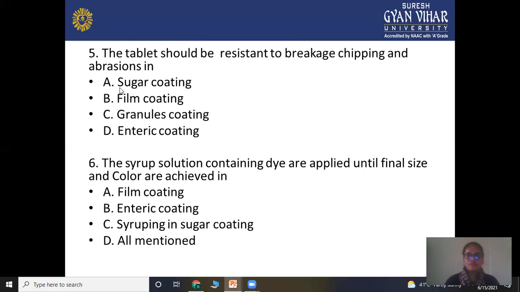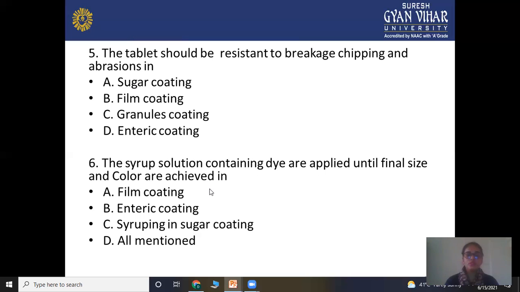And in the fifth question, the tablet should resist breakage, chipping and abrasion in sugar coating. B is film coating, C is granule coating, and D is enteric coating tablet. Here you check how resistance to breakage and chipping improves. In the sixth question, the syrup solution containing dye is applied until the final size and color are achieved.